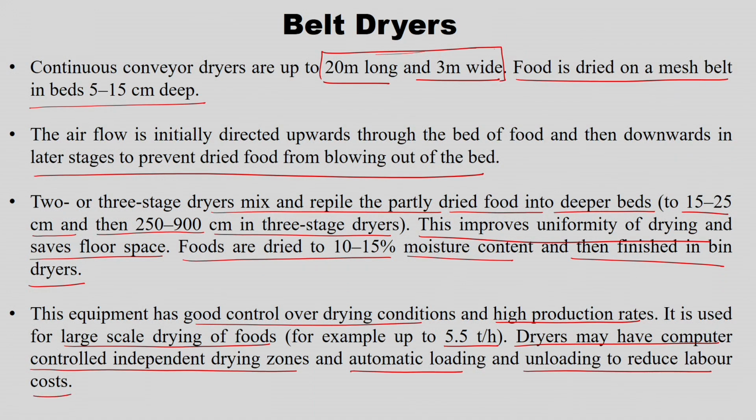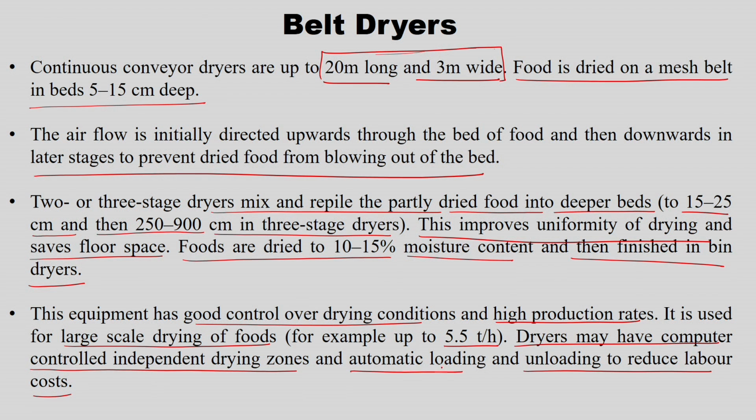Right. In the belt dryer, 2 things we need to see. One is it can be done as a single stage or multiple stage. Multiple stage handles high production rates, moisture content of about 10 to 15 percentage is removed, and the solids are further fed into bin dryers for further moisture removal, and the capacity this belt dryer handles is 5.5 tons per hour.